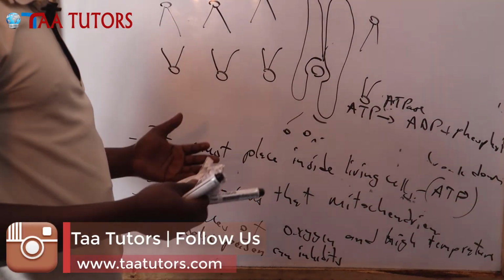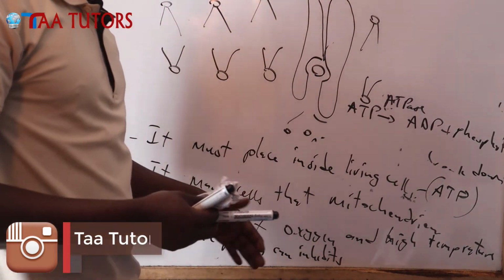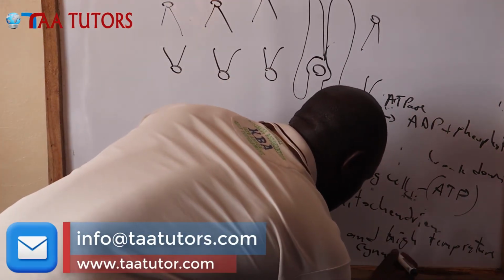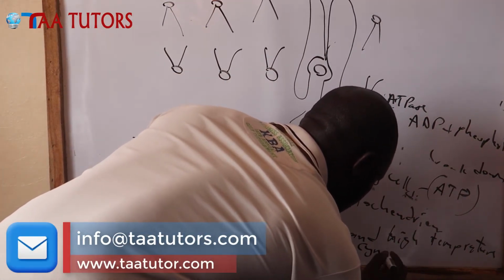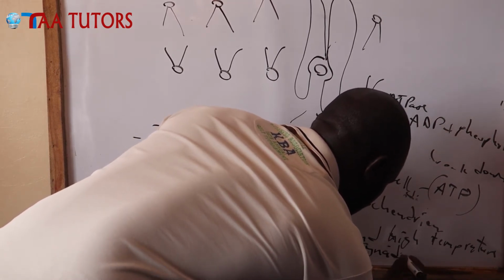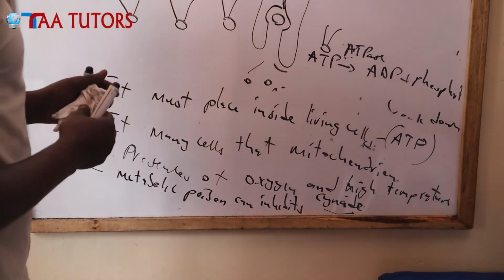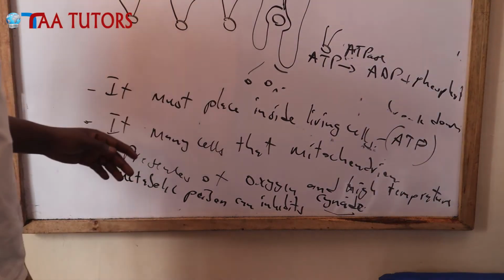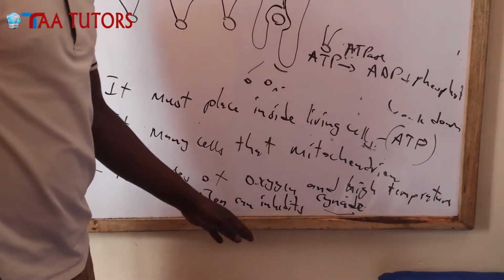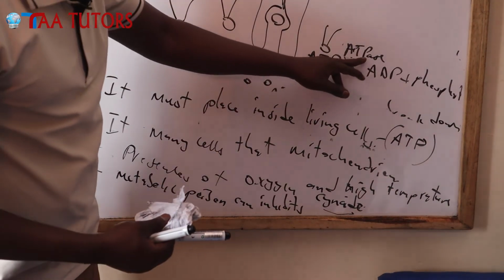We have a common metabolic poison in the cell called cyanide. Cyanide is a common metabolic poison. It can stop active transport from taking place. Why? If we have this poison in the cell, it will stop the enzymes from working, especially ATPase.